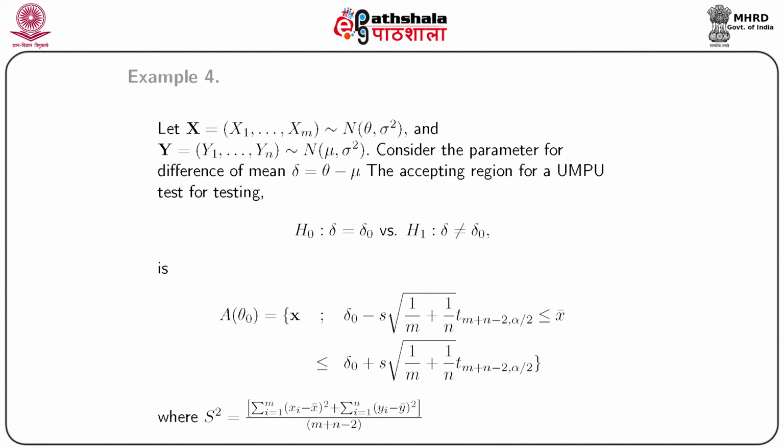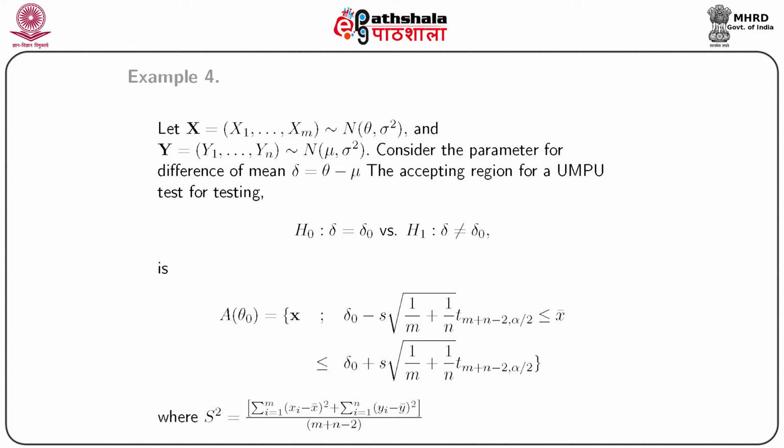The acceptance region for a UMPU test for testing H naught: delta equals delta naught versus H1: delta not equal to delta naught is given by A(delta naught) equals the set of all x such that x bar minus S into root of (1 by m plus 1 by n) into t m plus n minus 2, alpha by 2 less than or equal to delta naught less than or equal to x bar plus S into root of (1 by m plus 1 by n) into t m plus n minus 2, alpha by 2.